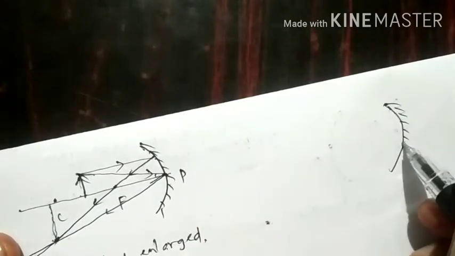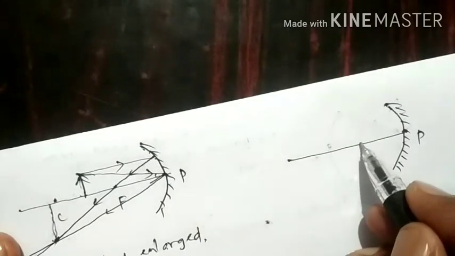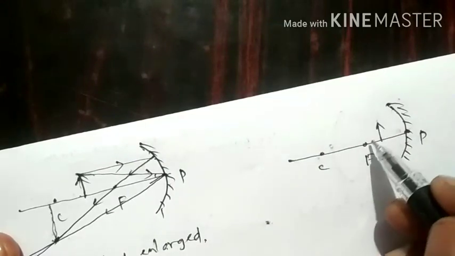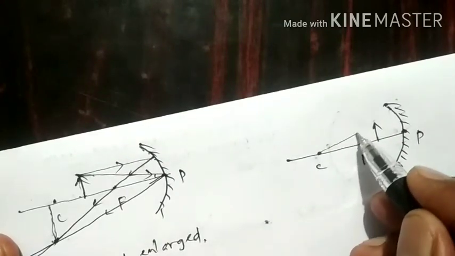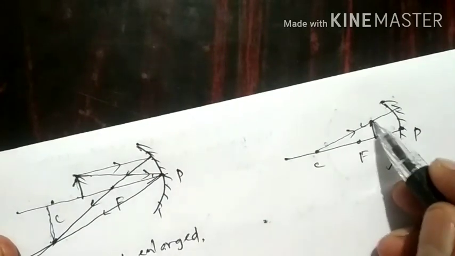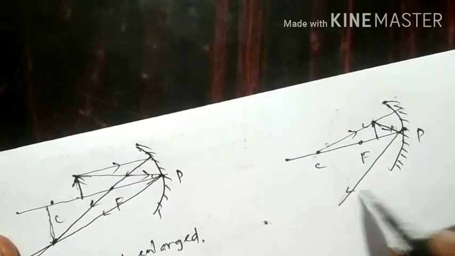And one more, the last diagram: the object is placed between pole and focus. So with pole and focus, we consider the light ray passing through the center of curvature, and again it is reflected back. The light ray is obliquely incident, and again it is reflected back.